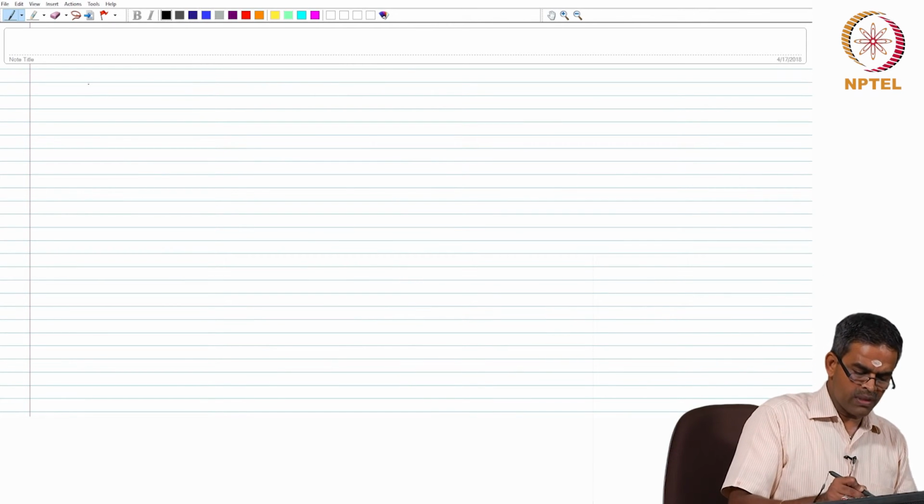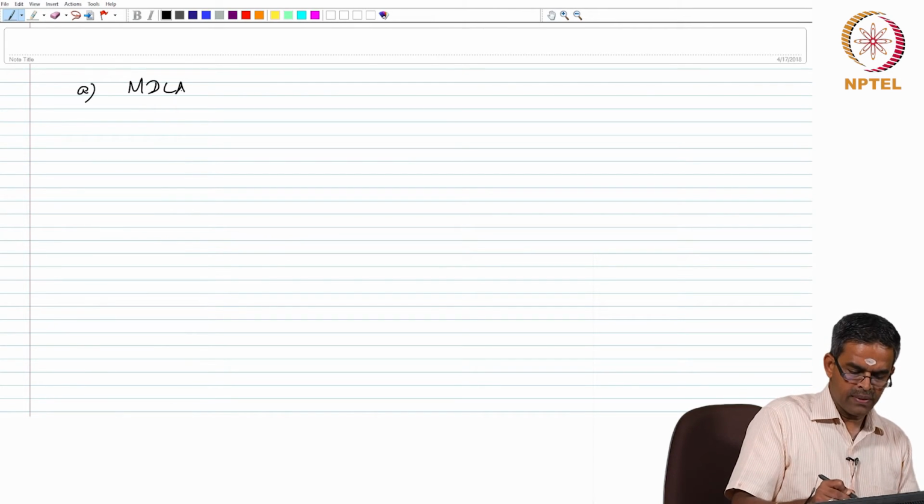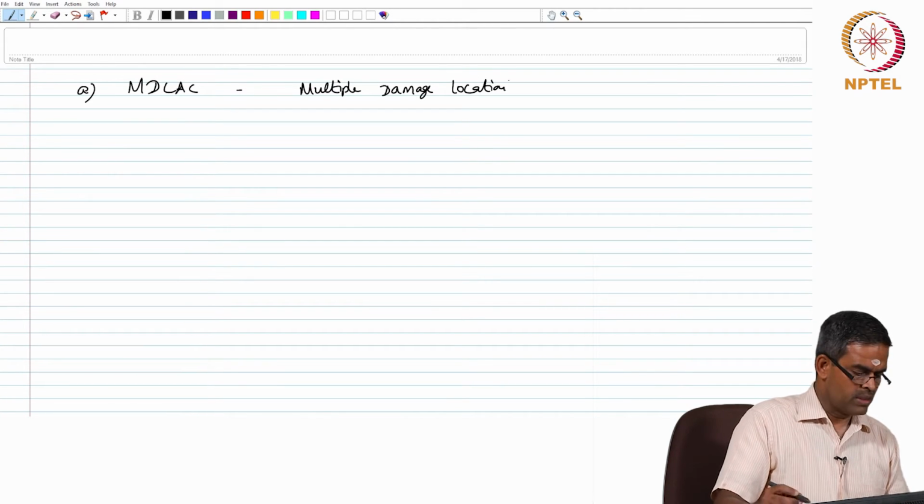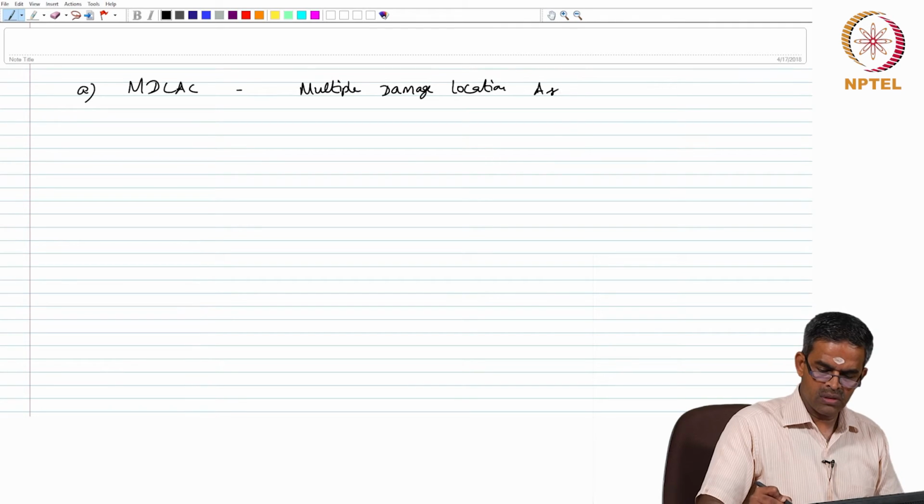Let us see the first method in this, which is MDLAC, which abbreviates for multiple damage location assurance criteria.